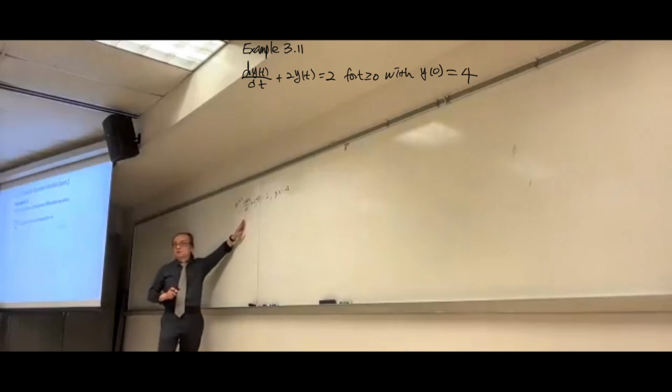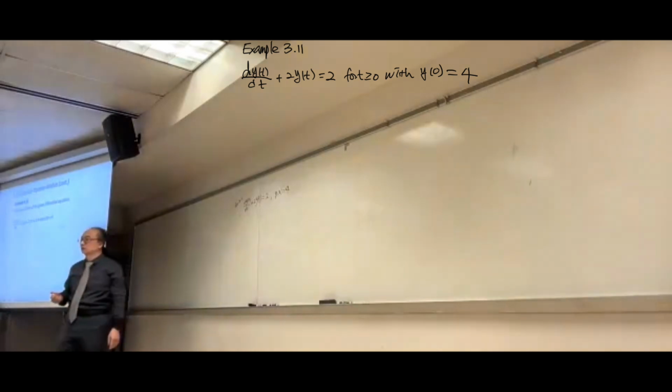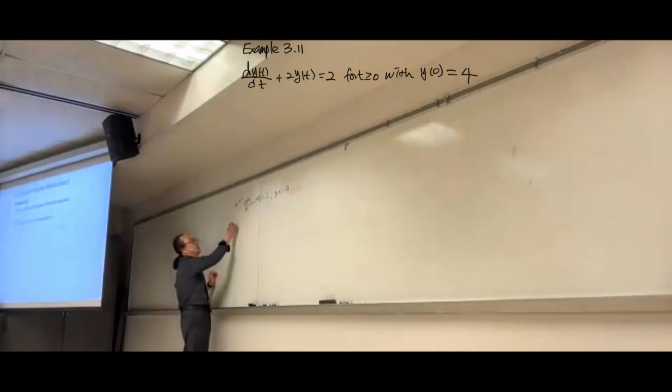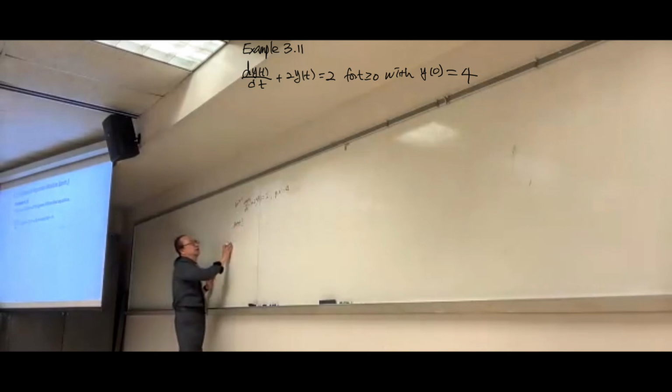For first order differential equations, the first method we saw in chapter 2.2 is the linear equation. I'm going to use that as a first method, using linear equation and integrating factor.